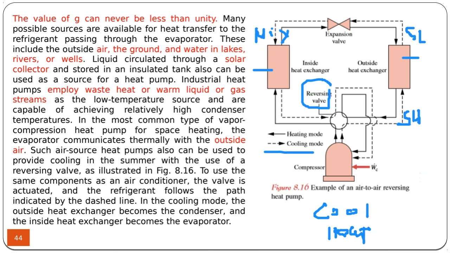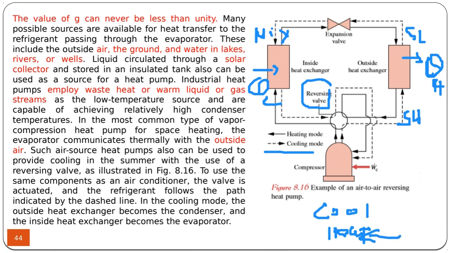So in the cooling mode, this is the condenser, which rejects heat to the externals, whereas the internal unit is the evaporator, which absorbs heat, meaning that it cools the space. If you push the heating mode on the remote control, then the flow of the refrigerant is reversed.